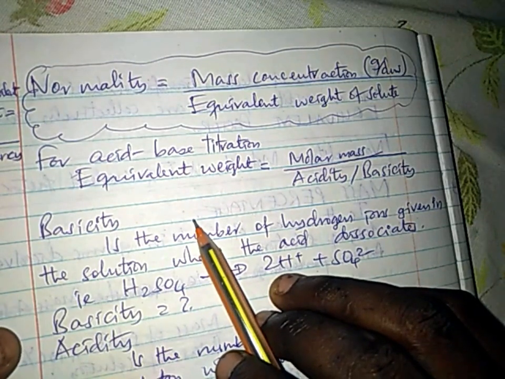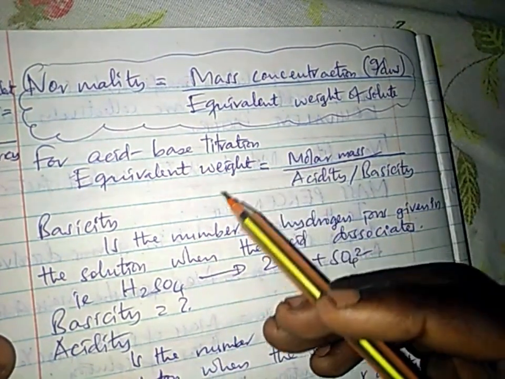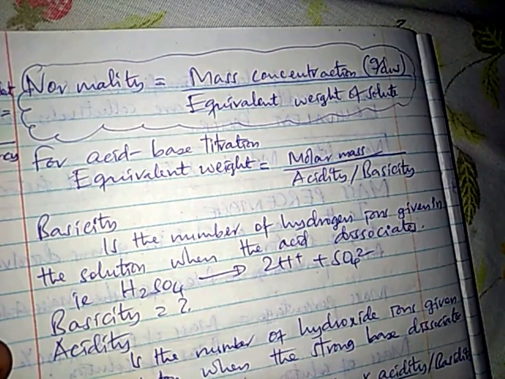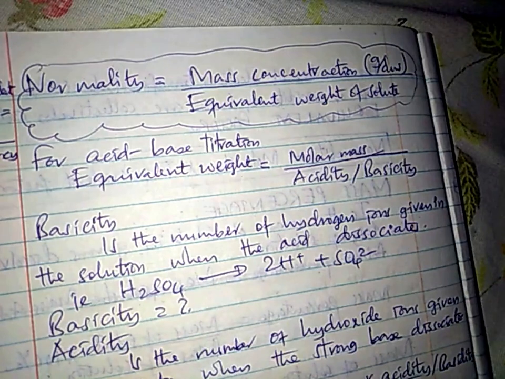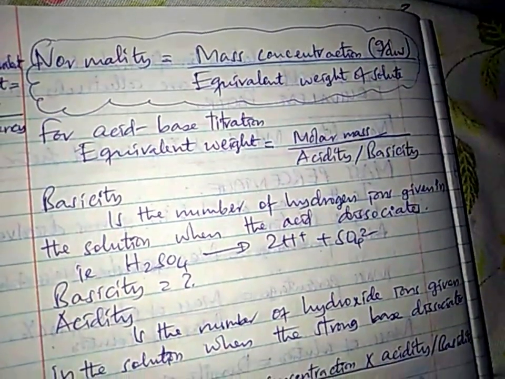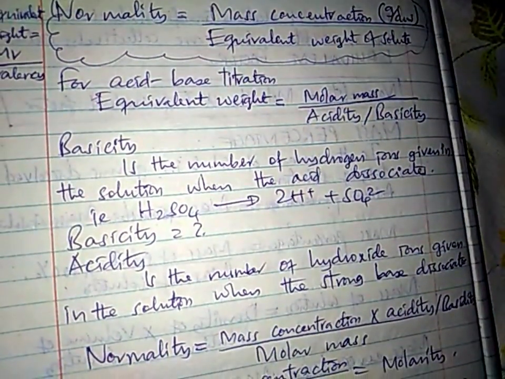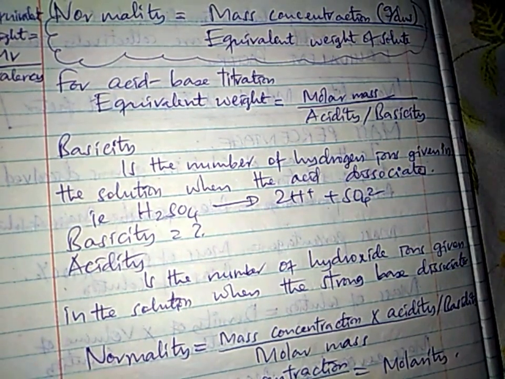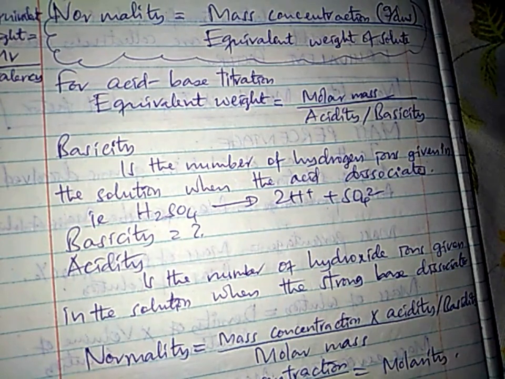So equivalent weight is equal to molar mass divided by valence. So it depends. In acid-base titration, we are taking the acidity and basicity.